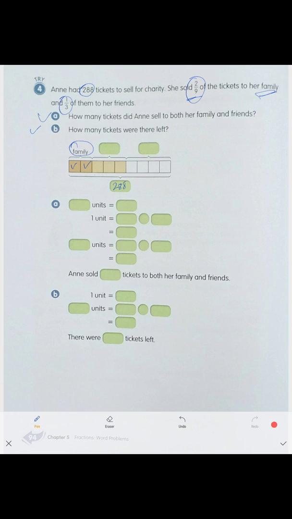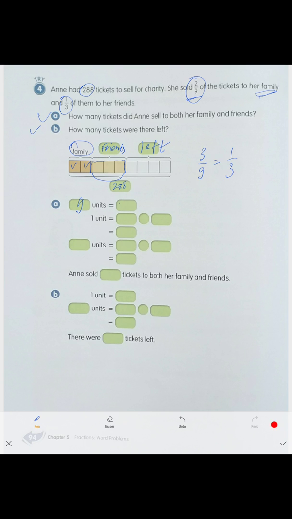This is her friends, 3 units. 3 units out of 9 is 1/3. These 3 units are her friends. And this is left. So they ask you a question: how many tickets did Anne sell to both her family and friends? Family and friends.